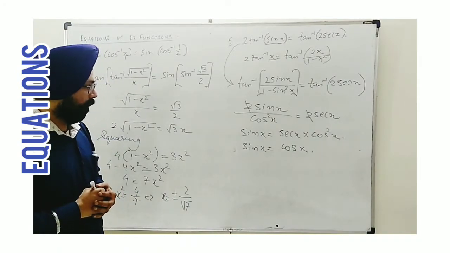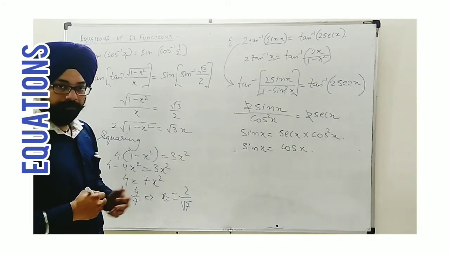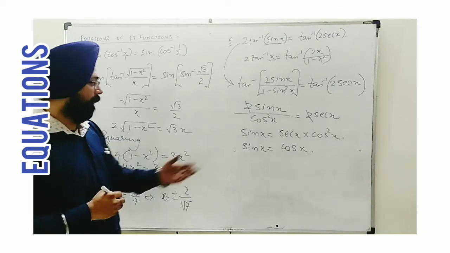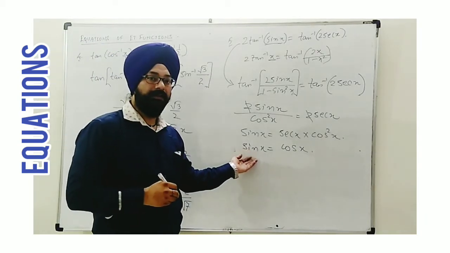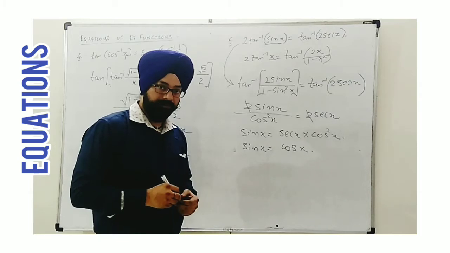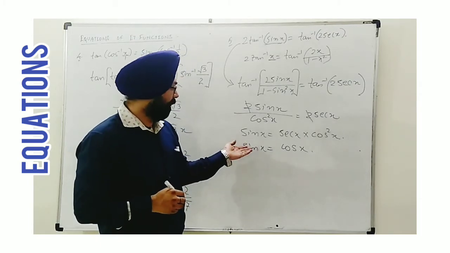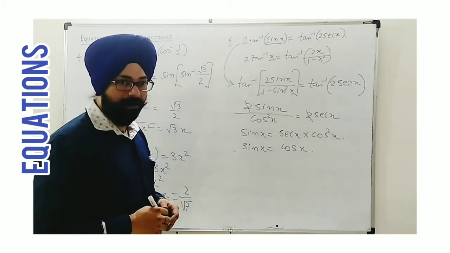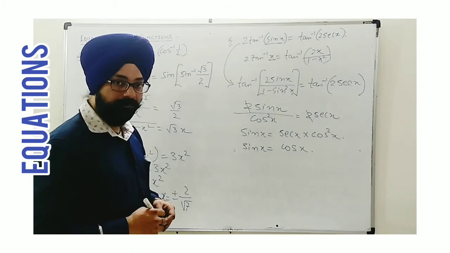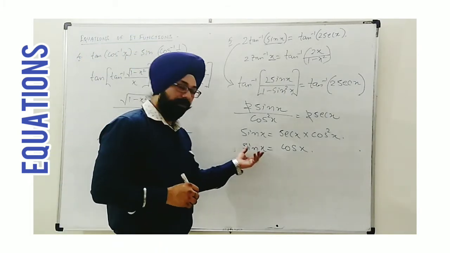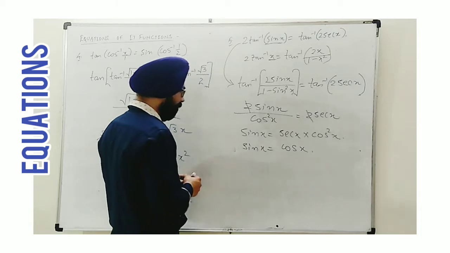Here, those who know can find the direct answer being pi by 4. We can directly say this will be pi by 4 here. Also, suppose you don't know, methods are there.